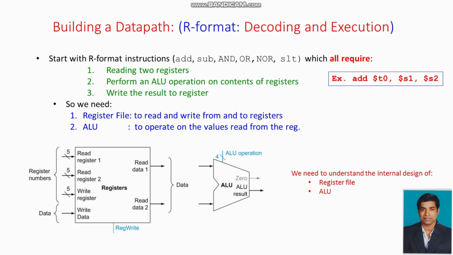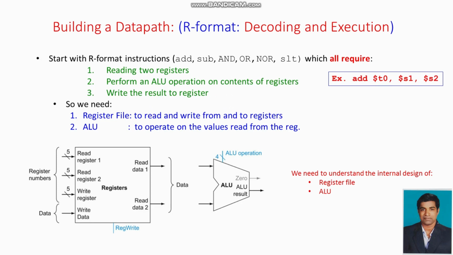These values are taken from the registers only. $S1 and $S2 are the addresses for the registers where we are getting data 1 and data 2, and then these two data are given to the ALU. The ALU is performing the addition operation, and the result will be stored in the $T0 address.